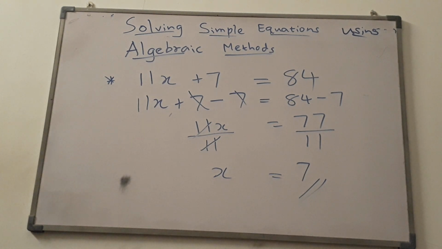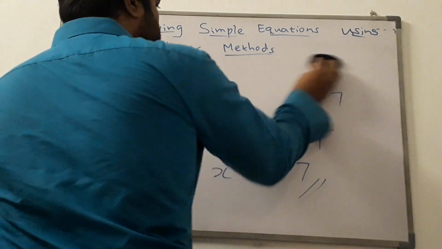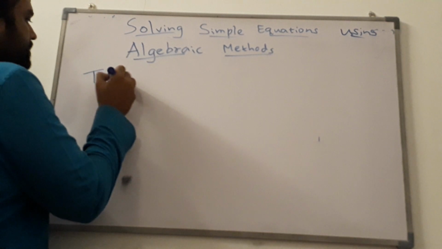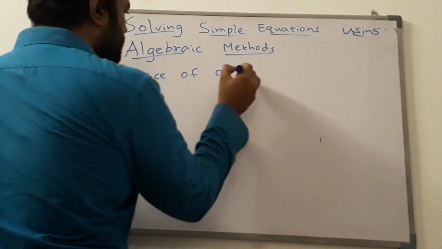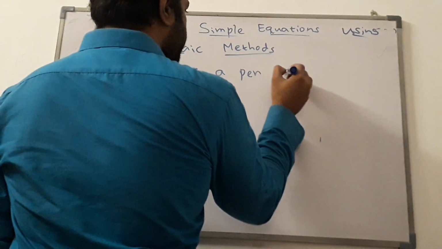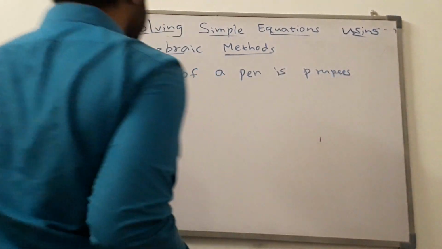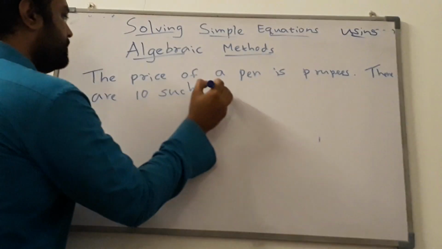Okay, we'll do a word problem now. The price of a pen is P rupees. There are 10 such pens.